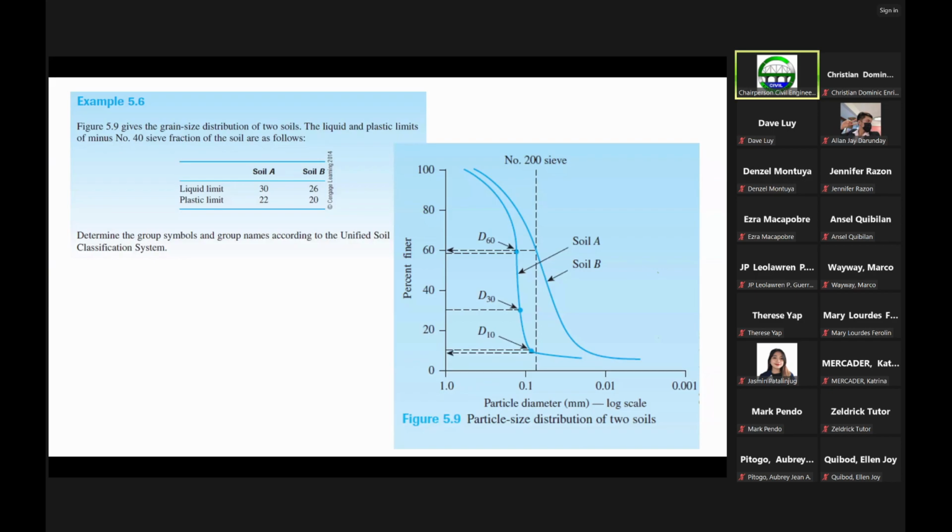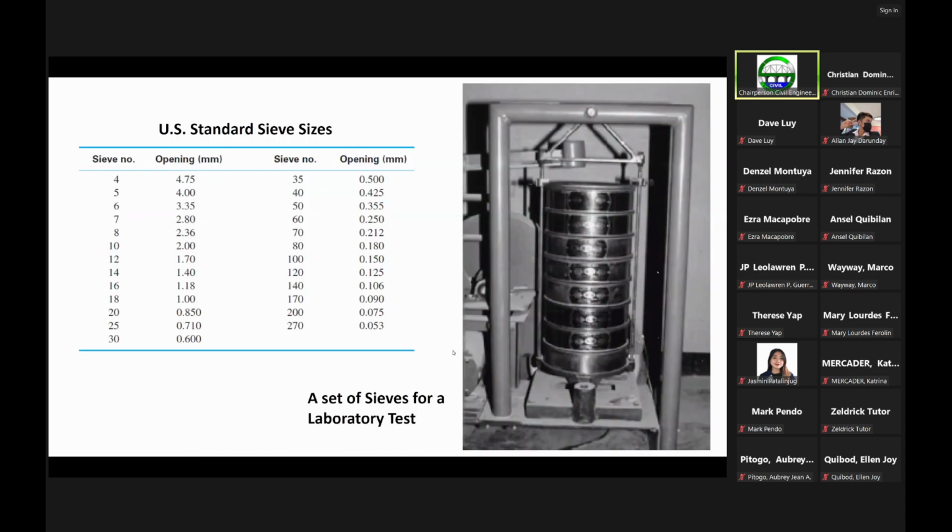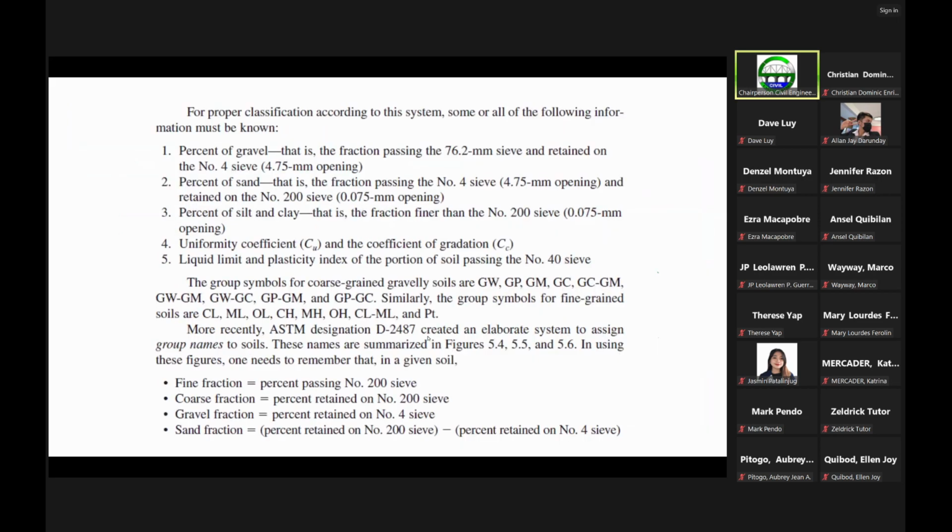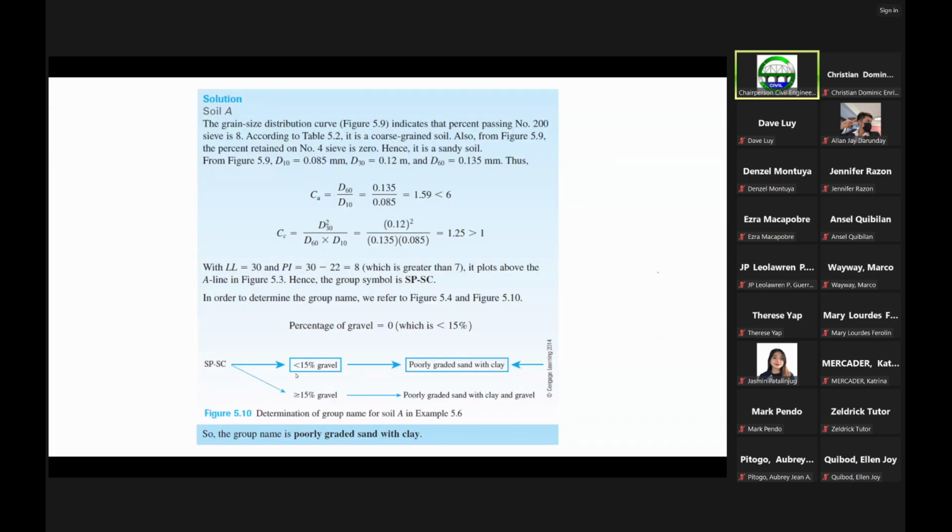By definition, the percent retained in the number 4 sieve is your gravel fraction. So that means it is less than 15. So we don't follow this path, we follow this path. Less than 15% gravel.